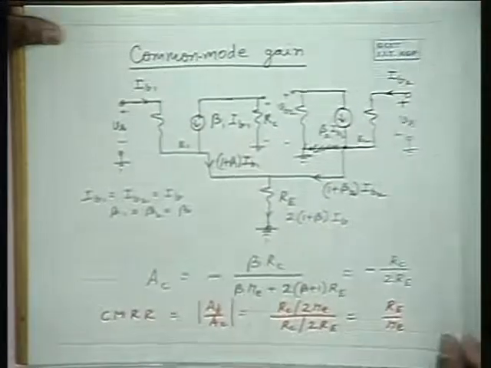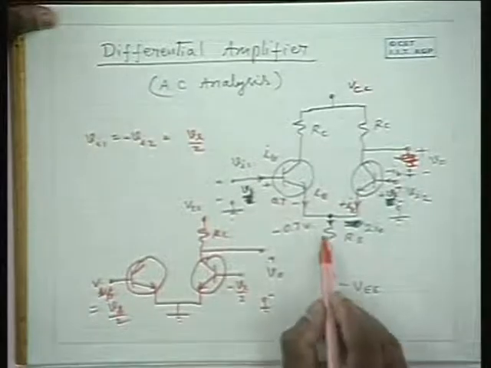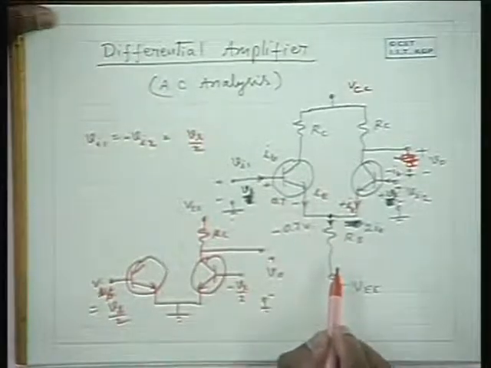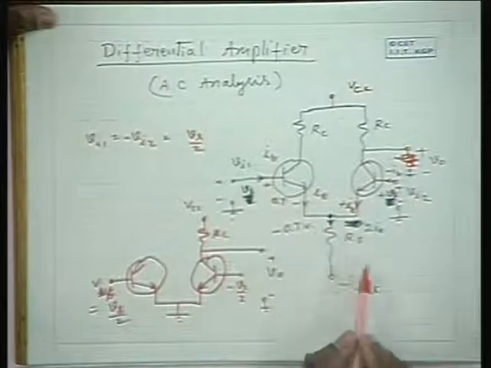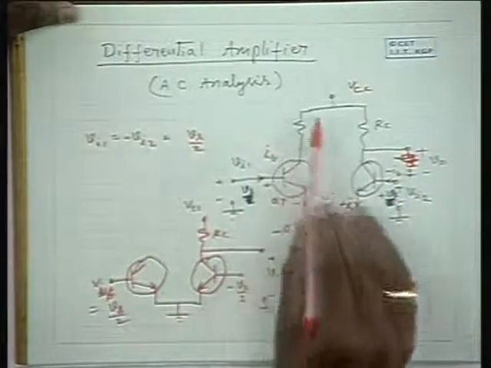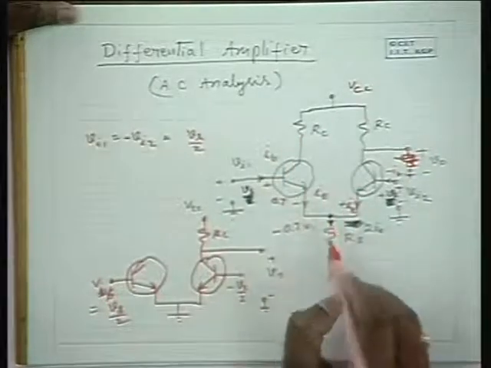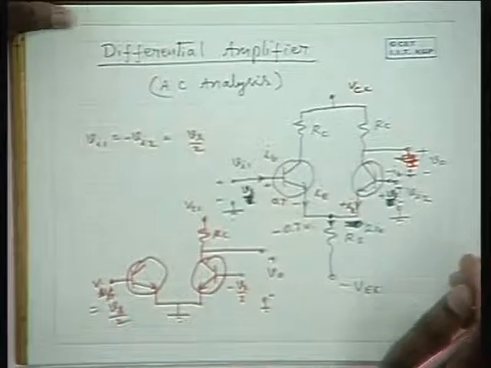Now, if we want to increase the common mode rejection ratio of a differential amplifier, we have to increase this emitter resistance RE. Now, how do you increase the emitter resistance RE? Well, by biasing with proper voltages and proper resistances, we can make RE large.